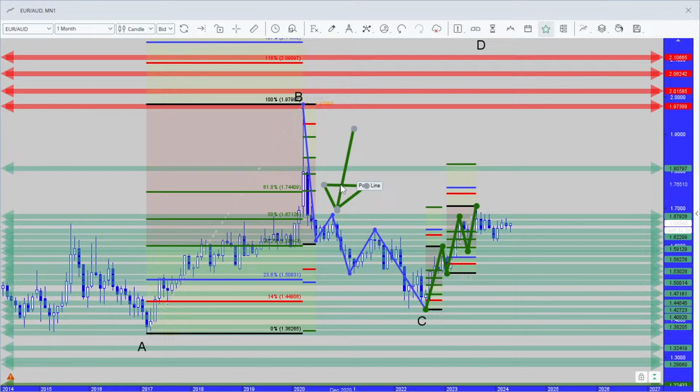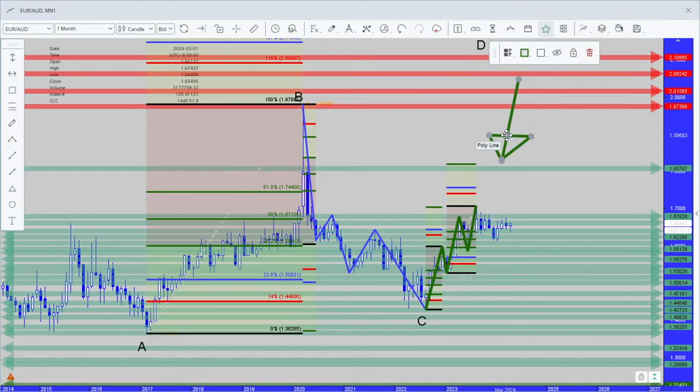See, price action is going to move according to the Fibonacci sequence 7 times out of 10. So even though here the market was in a retracement, the long-term view was still up, right?